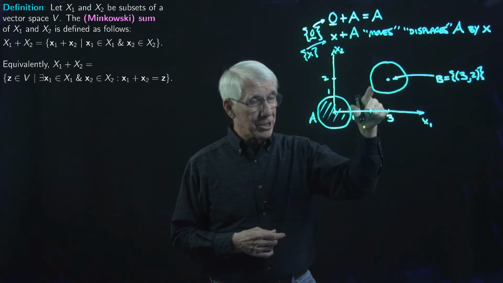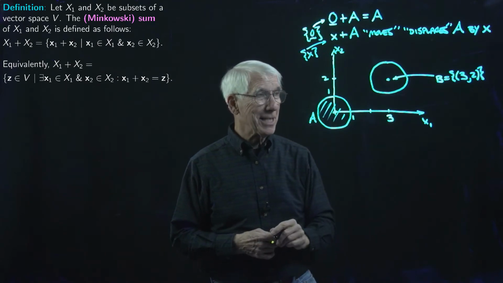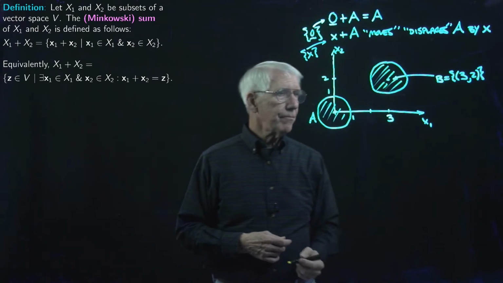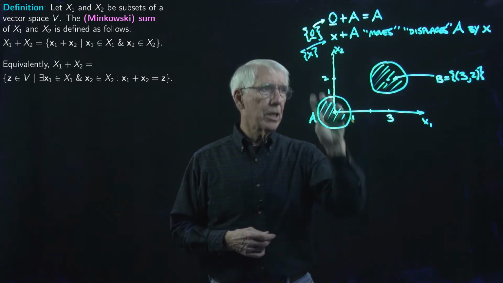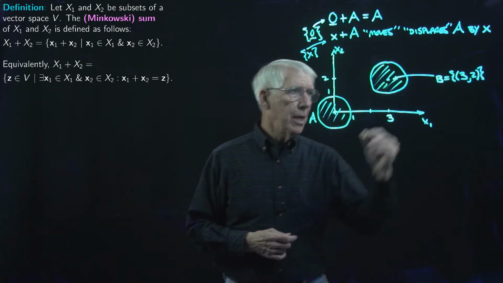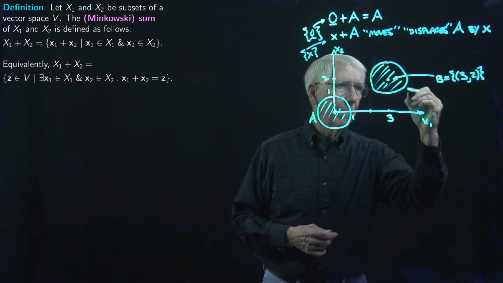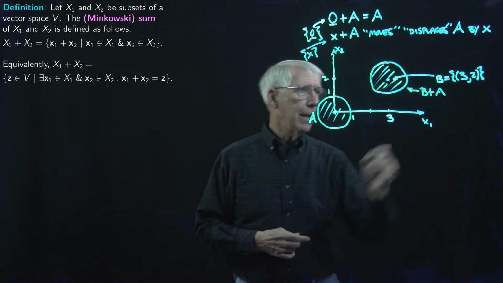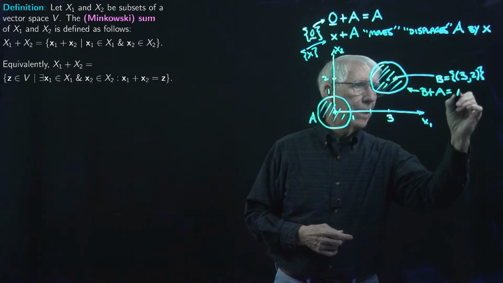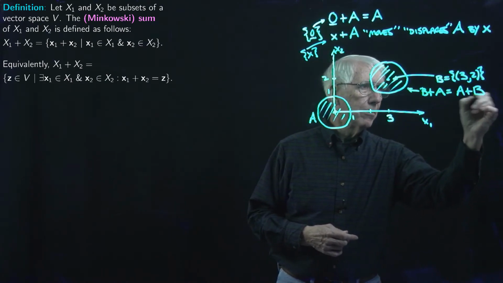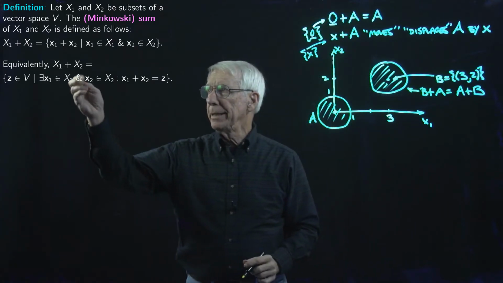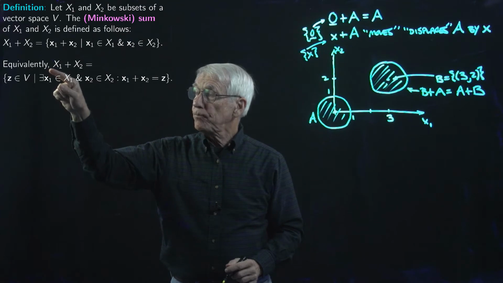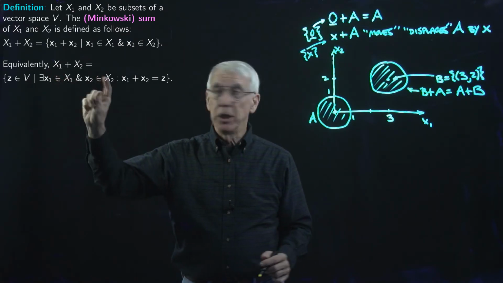This is supposed to be a nice circle, just the same size as this. And so this set, the unit disk displaced to this point here, would be the set B plus A. And of course, that's also A plus B. It's clear in the definition that the addition of the sets is commutative.